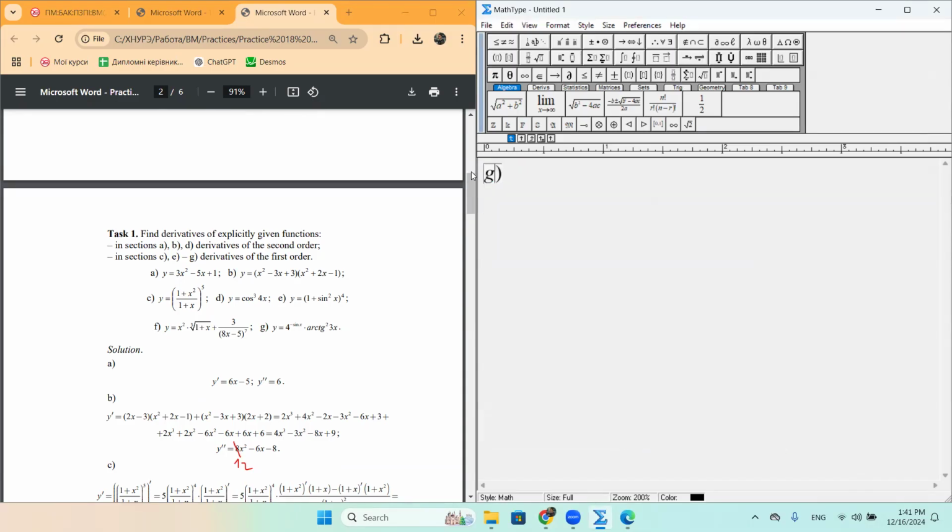So the last example is G in task 1. So we will just find the first order derivative, and here is the product of composite functions.